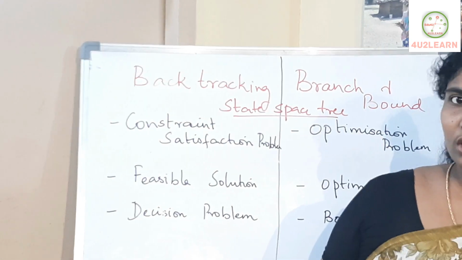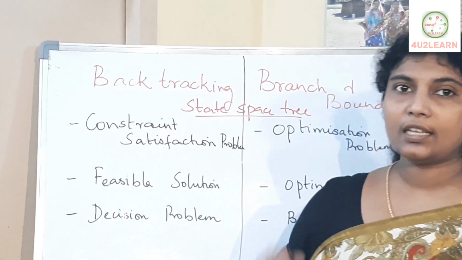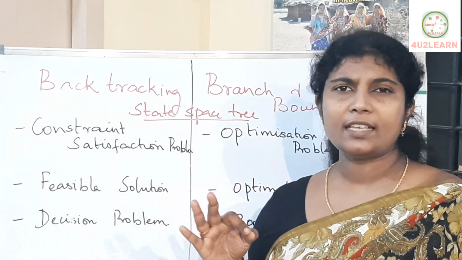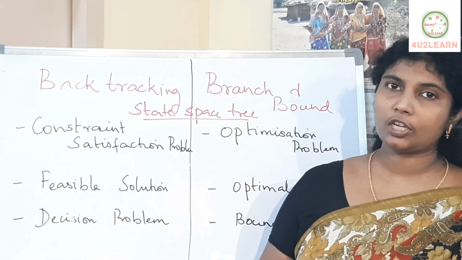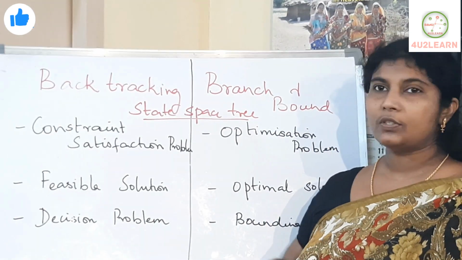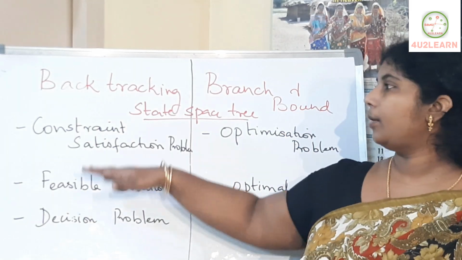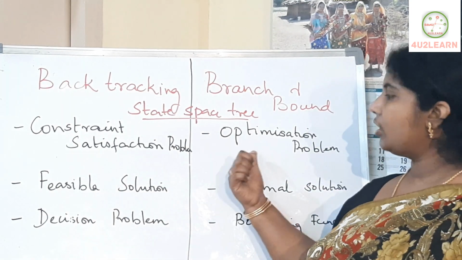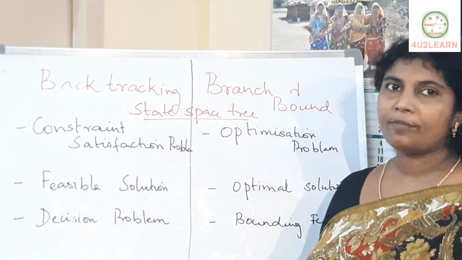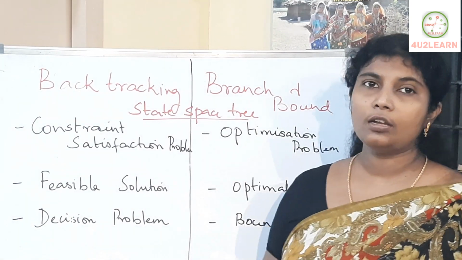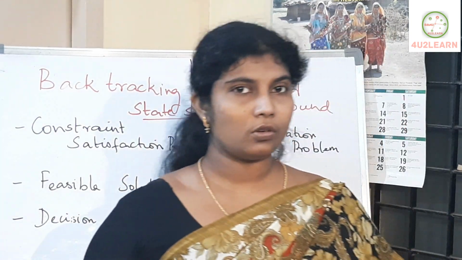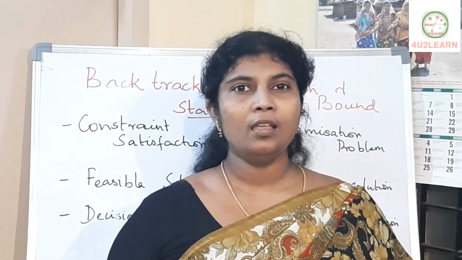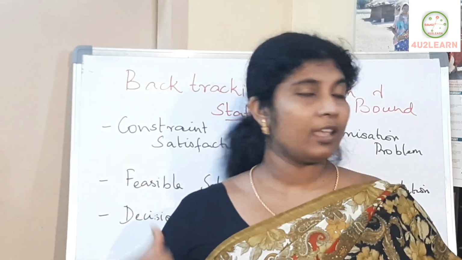In backtracking a solution is obtained, whereas in branch and bound, the best, optimal solution is to be obtained. Here the decision has to be taken according to the constraint to be satisfied. Here also we have constraints and decisions, but the bounding factor plays a very important role.